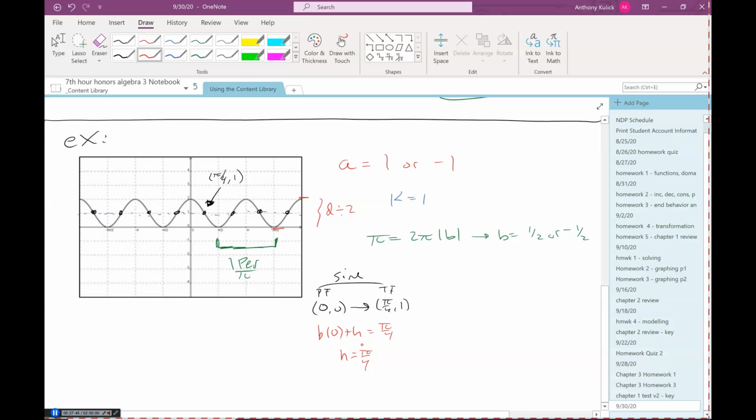We have to figure out whether the a value should be positive or negative. From the parent function, sine looks like this, right? Before, we have a minimum, then we go to a midline point, and then we go to a maximum.